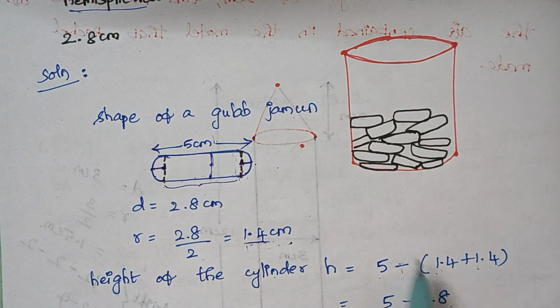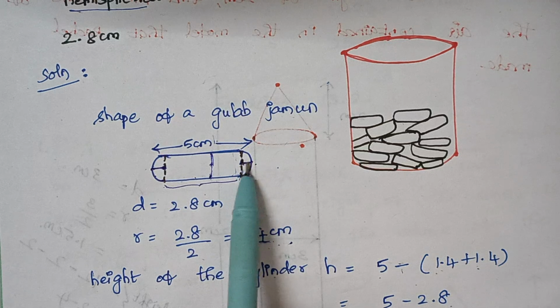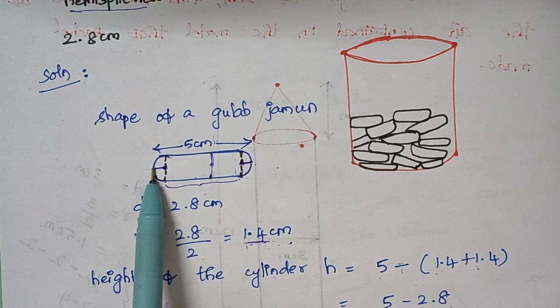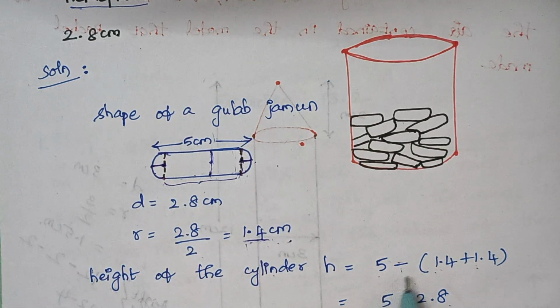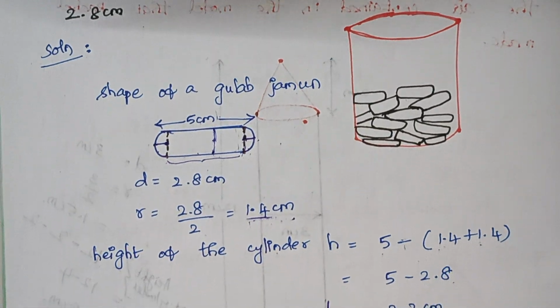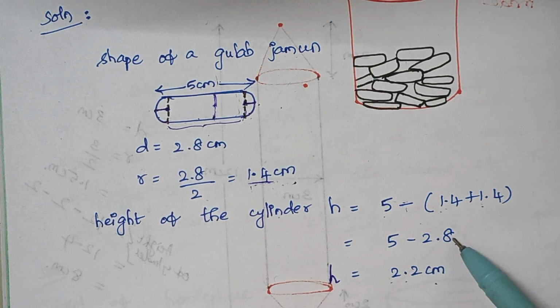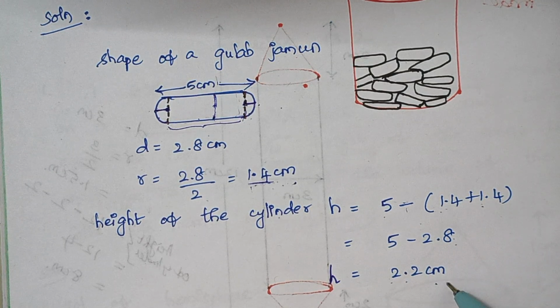So it is 5 minus 1.4 and 1.4, the radius of the hemisphere. 5 minus 2.8 is 2.2 centimeter, which is the height of the cylinder.